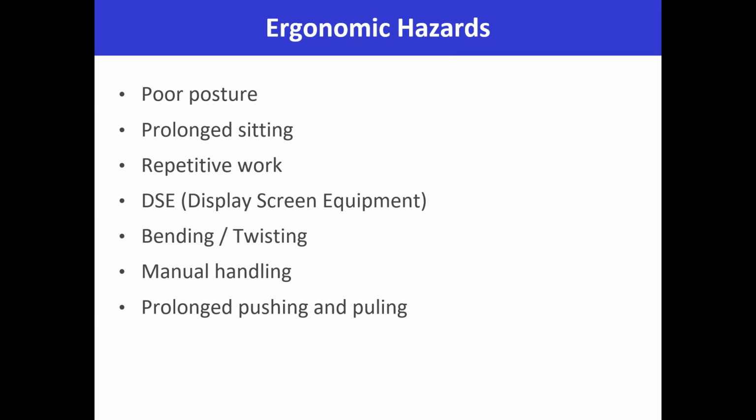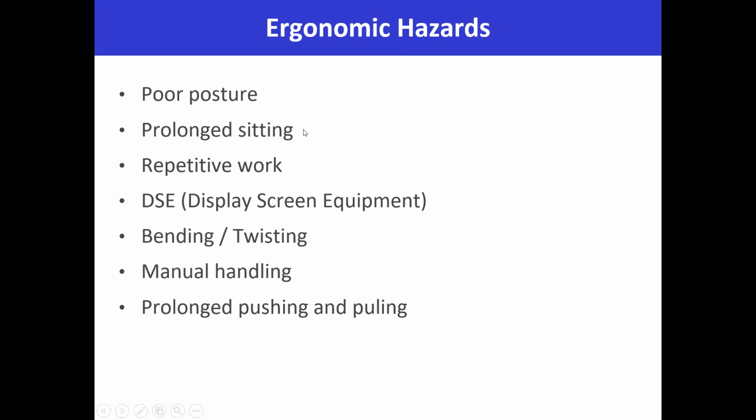How you interact with your workplace falls under ergonomic hazards. Ergonomic hazards basically include poor posture. If you're sitting too long in an awkward position, it can cause you injury.